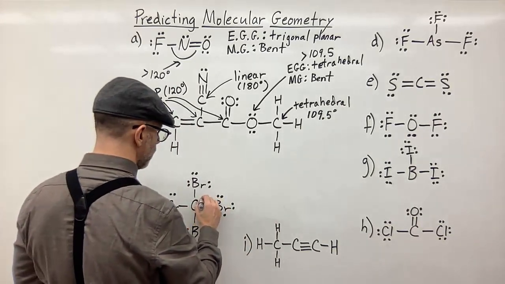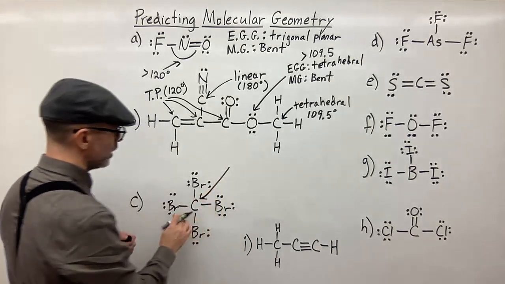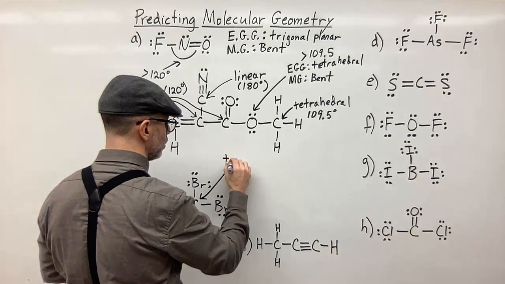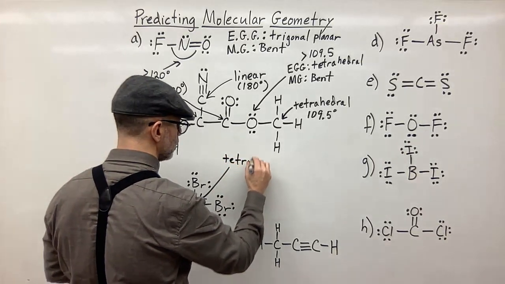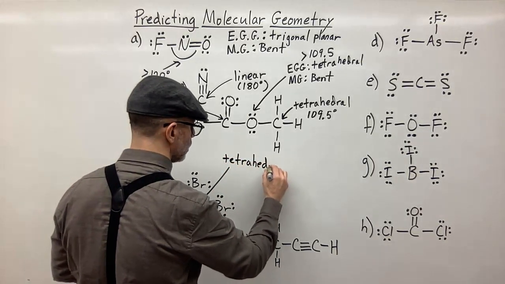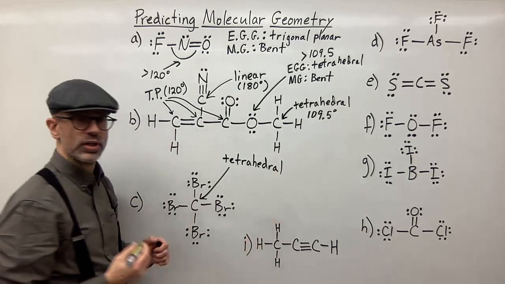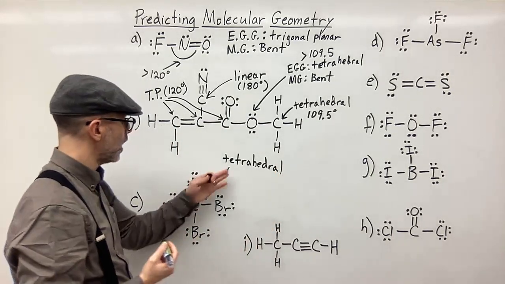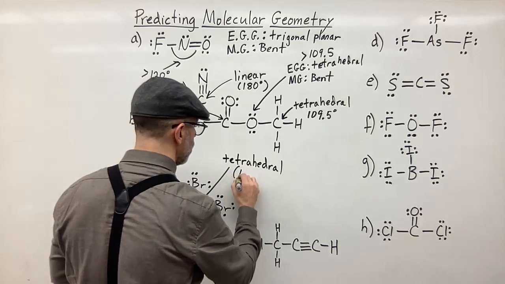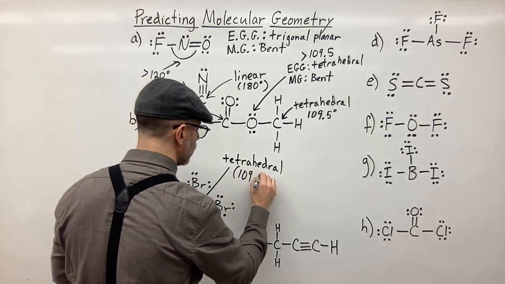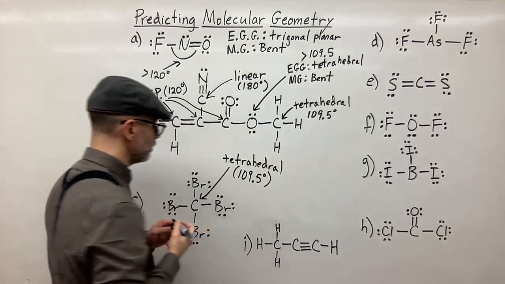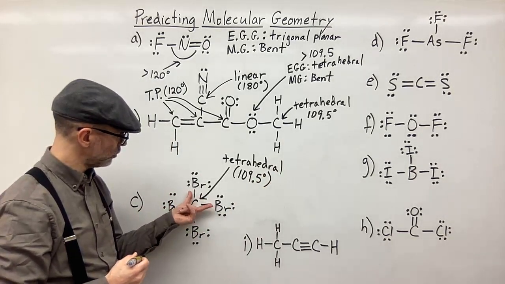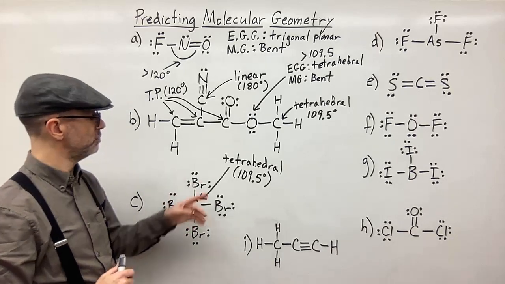So the geometry around the carbon is going to be tetrahedral. So that's for the electron group geometry as well as the molecular geometry. The angle again is going to be 109.5 degrees between all of the atoms, the bond angles between the atoms.